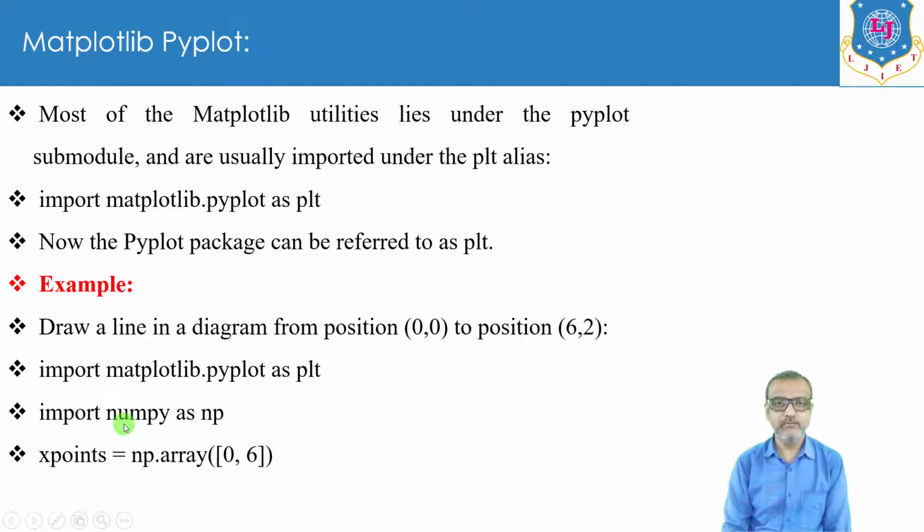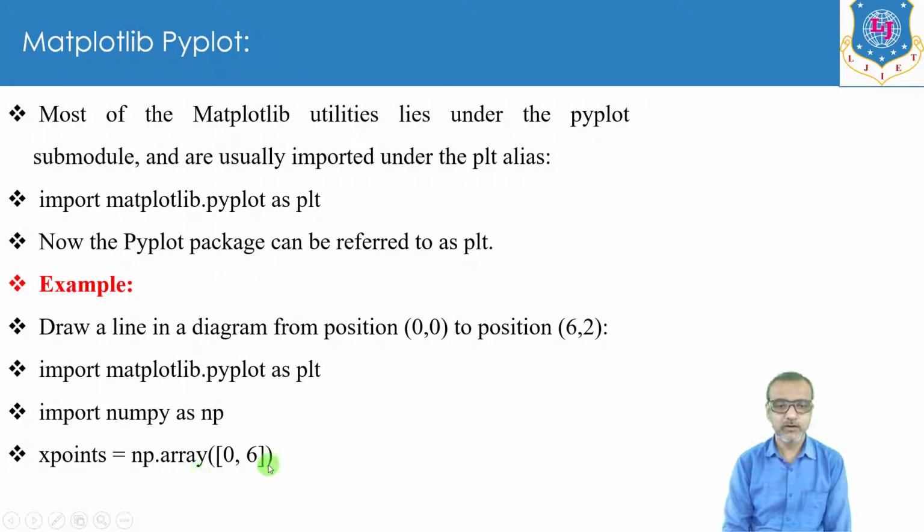With the help of the numpy module, we can create an array of numbers. Now x points equals np.array 0, 6. With this command, we can collect the array of x points. Here the line will pass from 0, 0 to 6, 2, so the x points are 0 and 6.